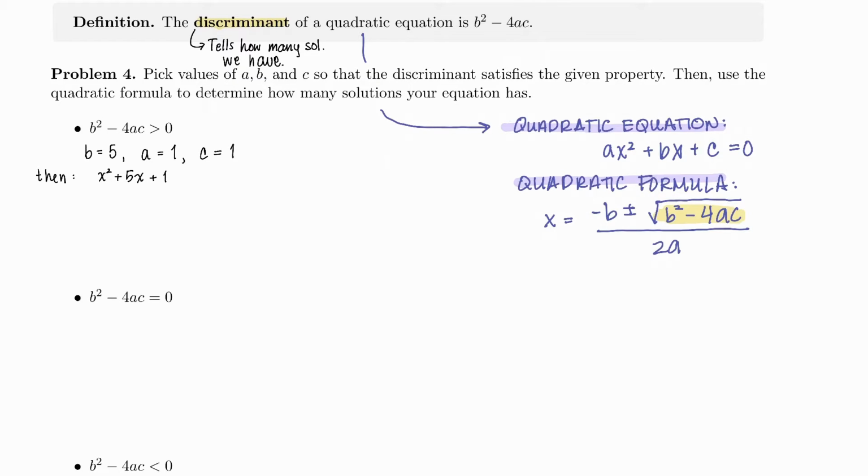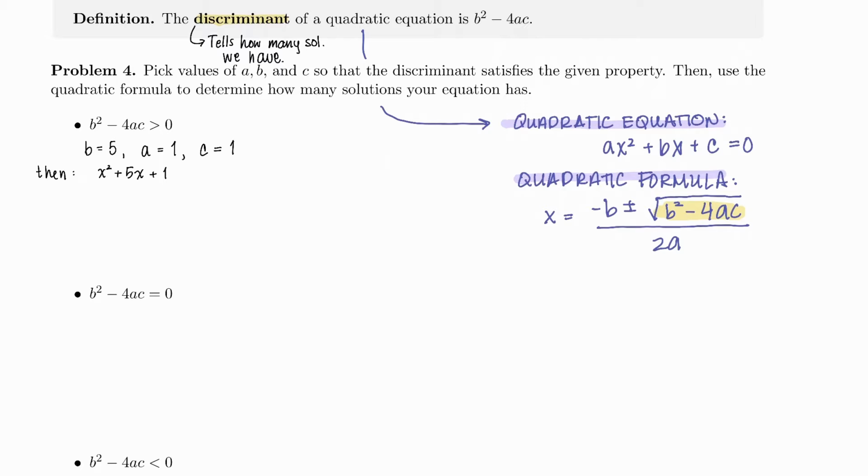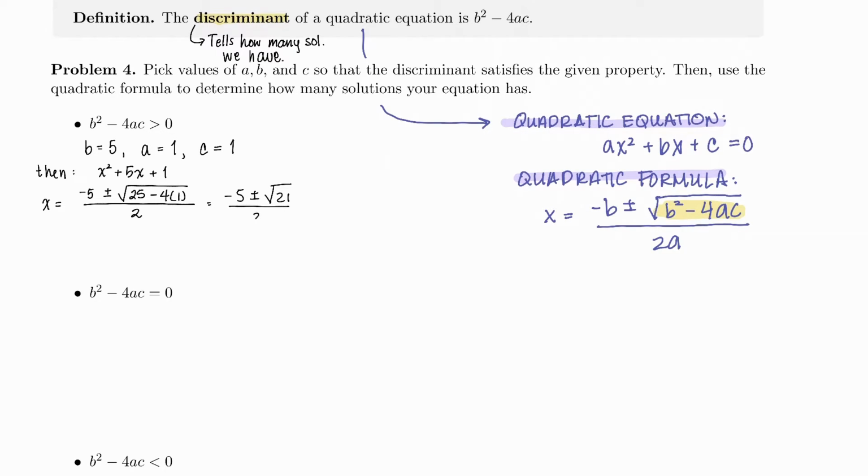And when we plug this into the quadratic formula, we should get that x is equal to negative 5 plus or minus the square root of 25 minus 4 times 1, all over 2 times 1. So this will be negative 5 plus or minus the square root of 21, all over 2.